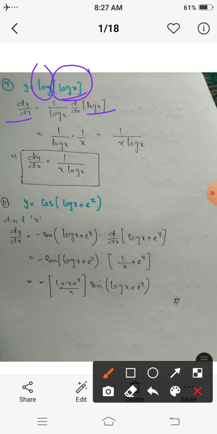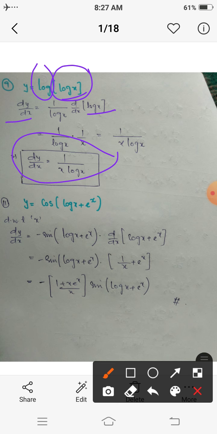Differentiation of this log is 1 upon x, so it is simply 1 upon x log x, which implies that the derivative is 1 upon x log x, provided x is positive, because log is not defined for negative numbers, and log is not defined for 0.